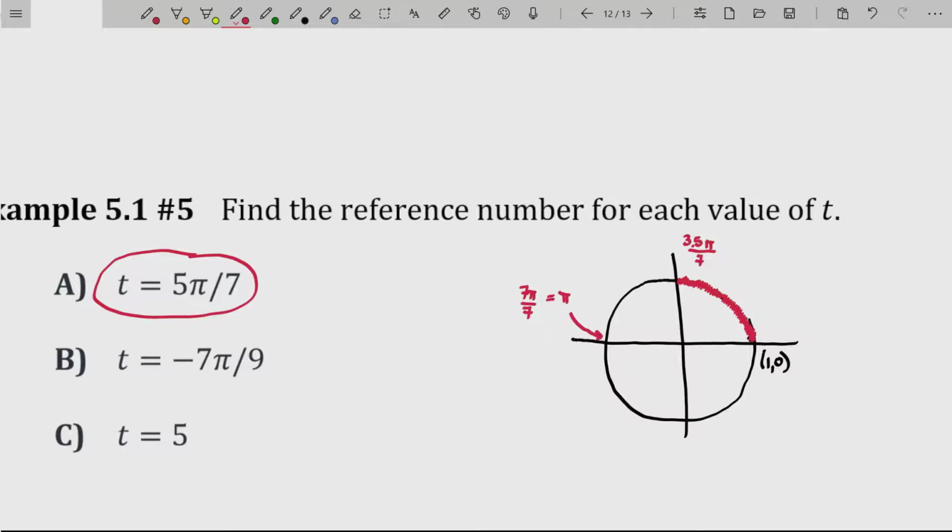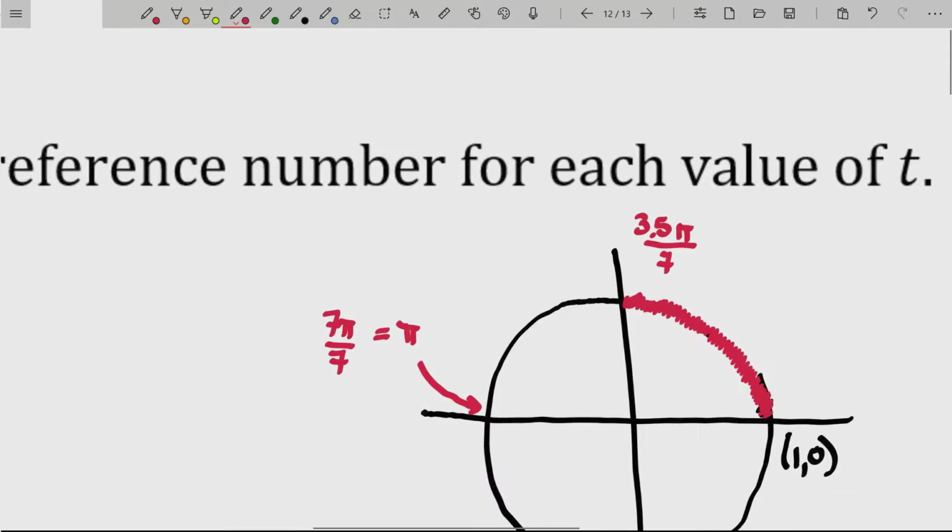So it's somewhere between 3.5 pi over 7 and 7 pi over 7. So somewhere in this quadrant 2, I'll just stop maybe right around here. So this is t equals 5 pi over 7. And I'm going to go ahead and erase that 3.5 pi over 7 because it's terrible notation. You shouldn't use decimals within fractions.